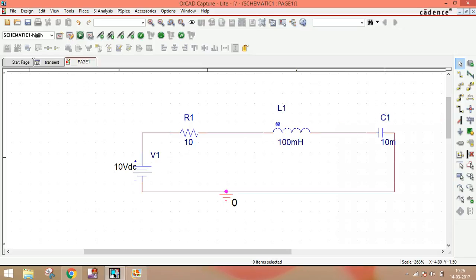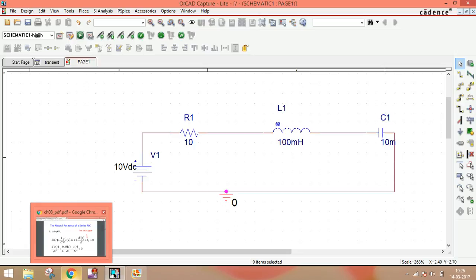Now for the graph, how can you calculate the equation of current in this circuit? That is the theory part, and I will give a brief discussion.